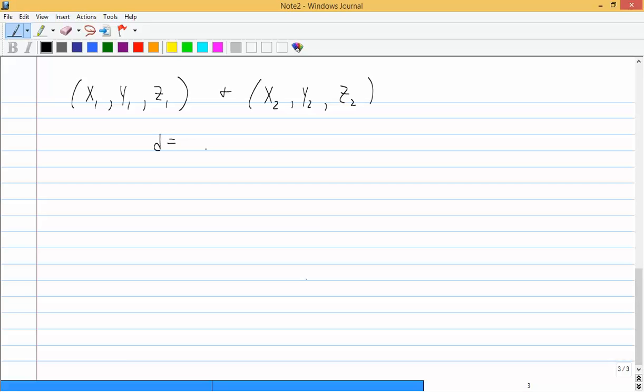I mean, it's so easy that it's not difficult at all. So it just depends on what your points are, right? You'll say x sub 2 minus x sub 1 squared plus y sub 2 minus y sub 1 squared plus z sub 2 minus z sub 1 squared.